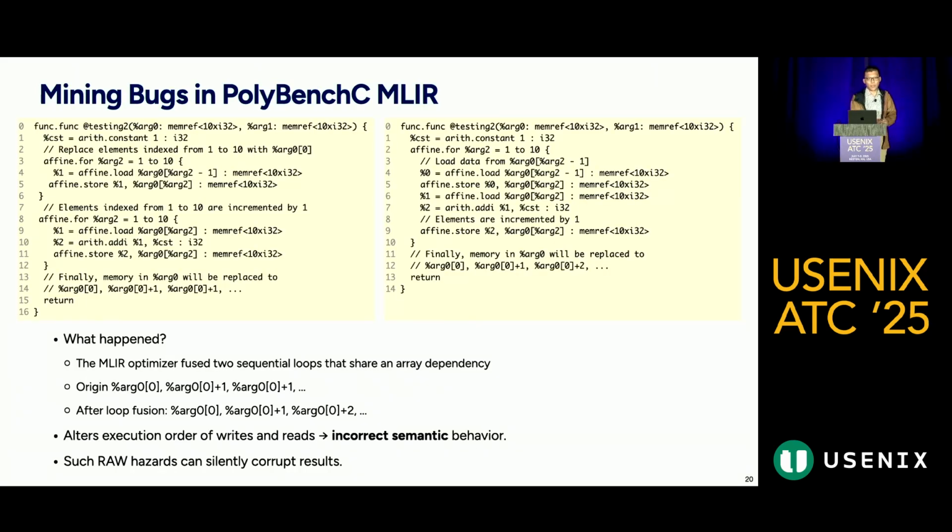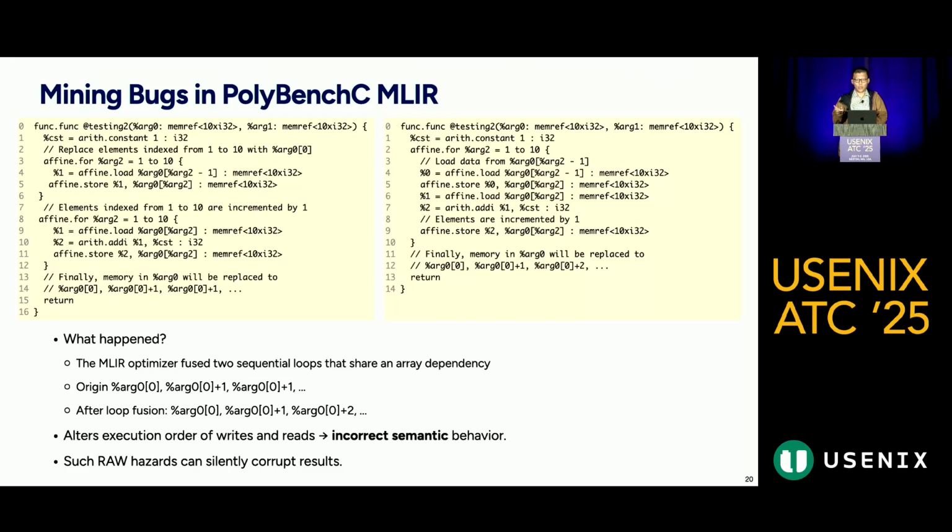Finally, let's talk about the typical bugs we have identified in our MLIR code. In the left code, we will first read the data, and we will add the constant 1 to the element in the input array for each index from 1 to 10.